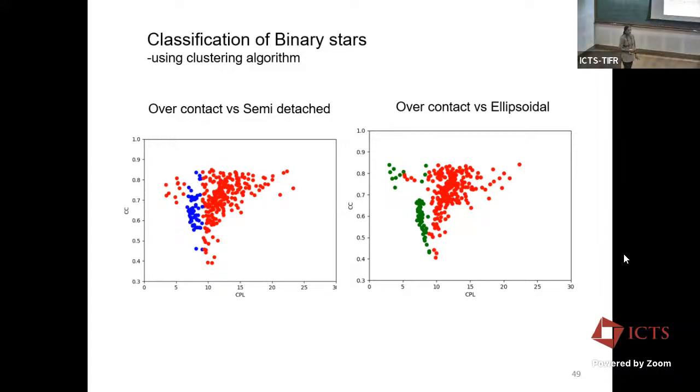Now if we have data from a binary star whose classification is not known, we can calculate it and see whether it falls into this region or in this region, and then you can identify which group it belongs to. This is very important in astrophysics because we deal with a very large number of stars and observations and data. So we should be able to classify them.